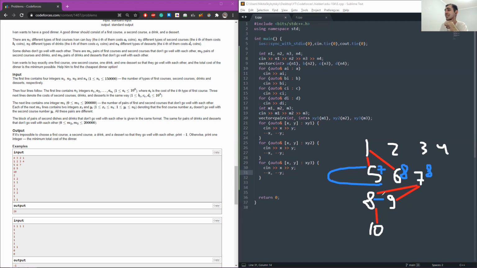Because you want to calculate the minimum over the set of cheapest prefixes that end in this part of the dish, or course, or whatever.